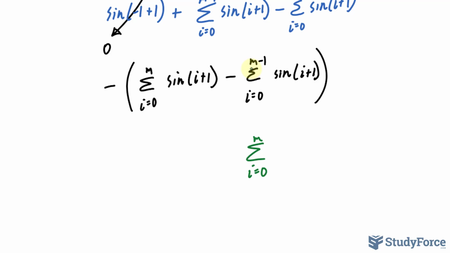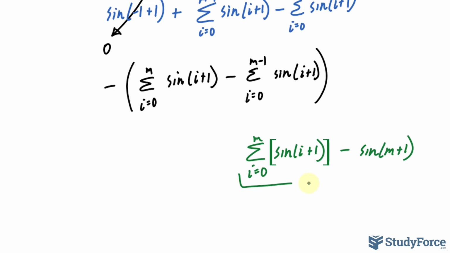So if we evaluate the sum to its upper bound m and subtract from it what this expression is at m, so sine m plus 1, we will end up getting the same thing as the upper bound being m minus 1. Just think about that for a moment.